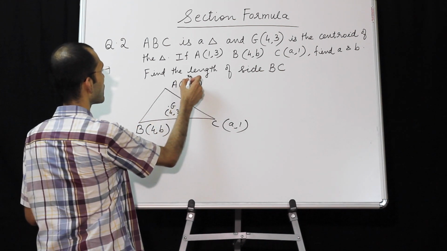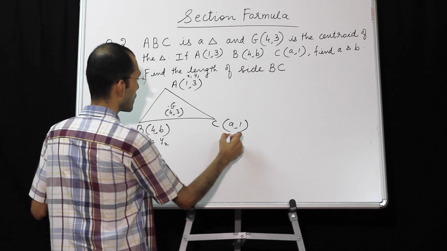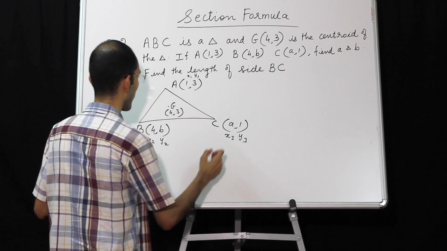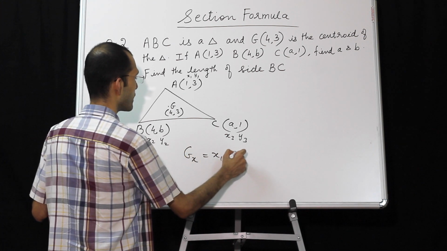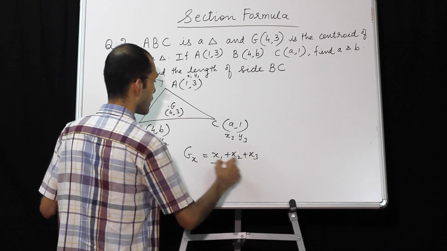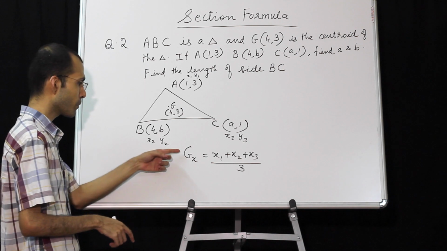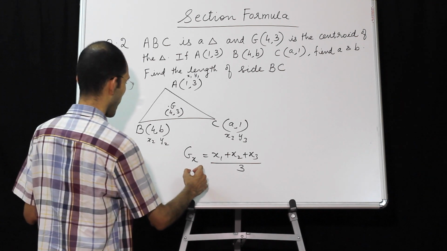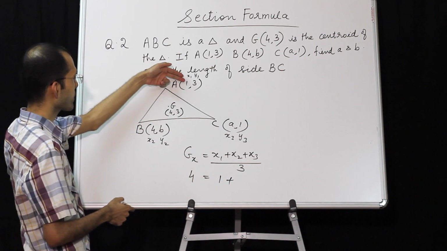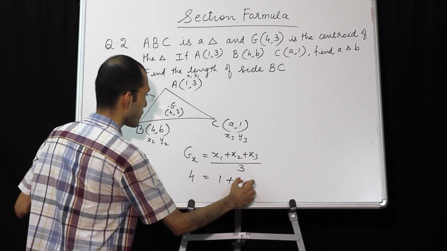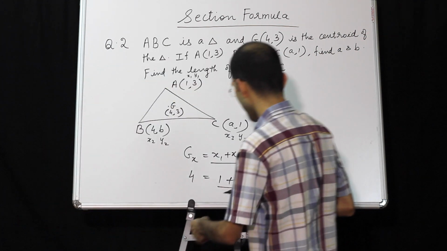So what we do is, we take this as x1, y1, x2, y2, x3, y3. Now Gx will be (x1 plus x2 plus x3) upon 3. But what is Gx? Already given to be 4. So below Gx you will write 4. Now x1 plus x2, so 1 plus 4 plus x3, that is a, upon 3.